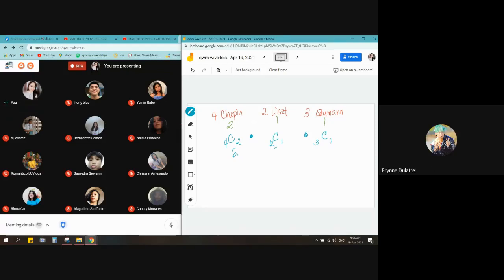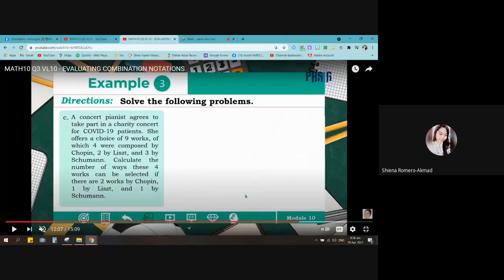That's 2 po. Combination of 3 taken 1? 3 po. So I multiply them. 6 times 2 is 12 times 3 is 36. 36 po. Correct.